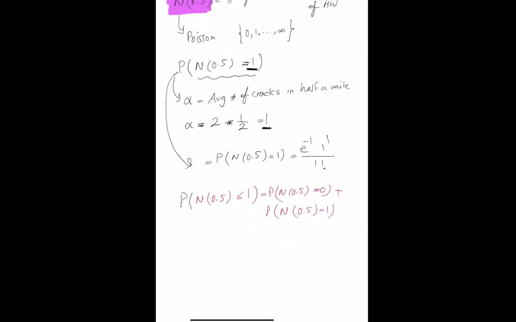Okay. So I need to calculate these two. We already calculated N of 0.5 equals 1, calculate N of 0.5 equals 0 as well, and then add them to each other, and then you have the answer.